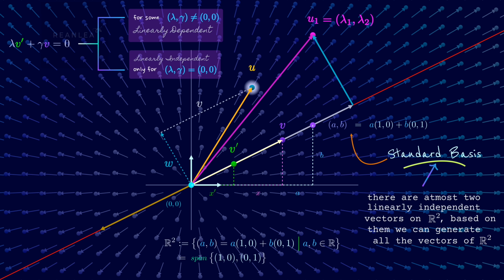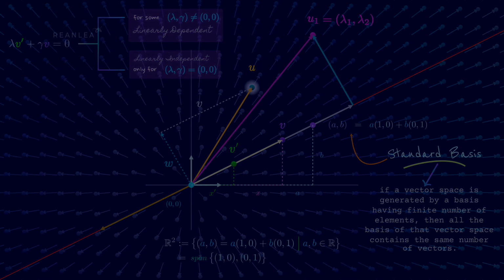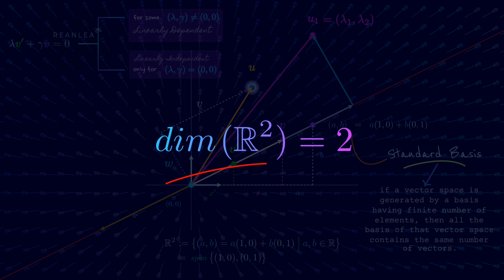Also, here you can check if a vector space is generated by a basis having a finite number of elements, then all the bases of that vector space contain the same number of vectors. And that unique number of vectors of the basis is called the dimension of that vector space. That's why the dimension of R2 is 2.